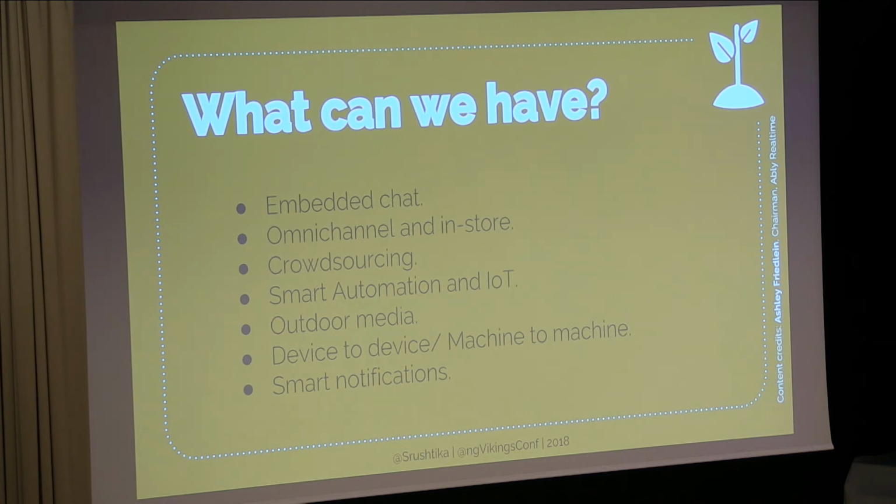And then omnichannel in-store. I think you haven't really seen this yet, but when you're shopping online, there are certain shops in the US that have already implemented this feature where you're shopping online and you like a product and would like to have a demo of it. A person in the real store actually comes up and you can see the video, or you can ask him to do something instead of calling.